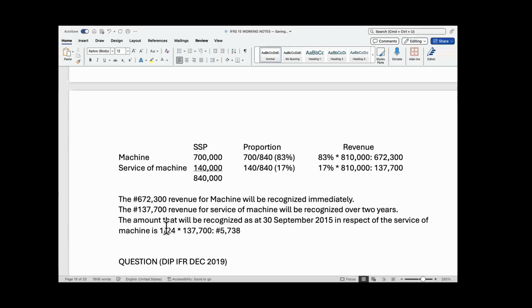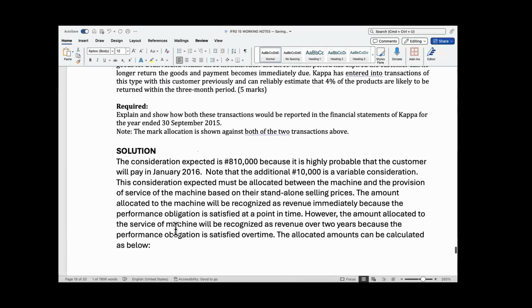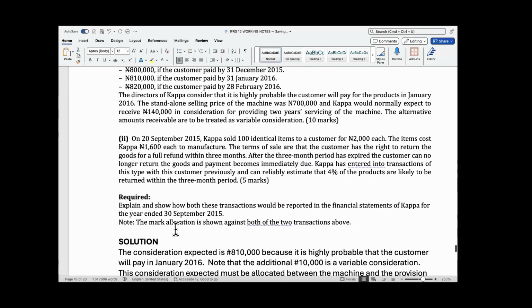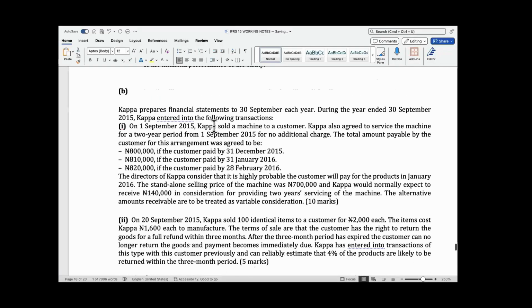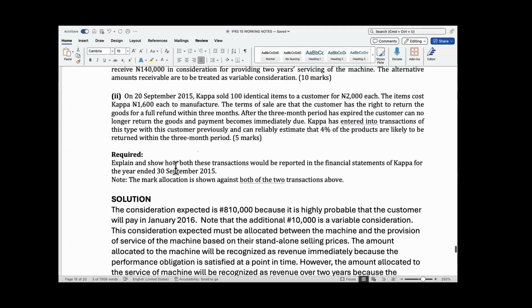Do you know how I got this 1/24? Because we are going to start the service from 1st of September. Since it's 2 years, that's 24 months, and the end of the year is 30th September.